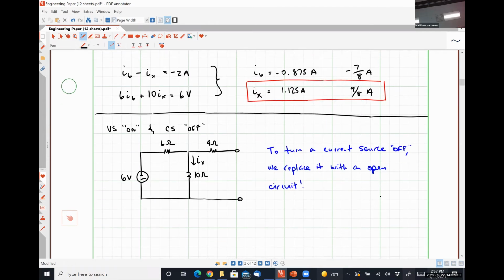Somebody tell me how to find what I'm going to call IX prime. Actually, it's going to be a portion of our total current IX. Somebody tell me how I can solve for this.